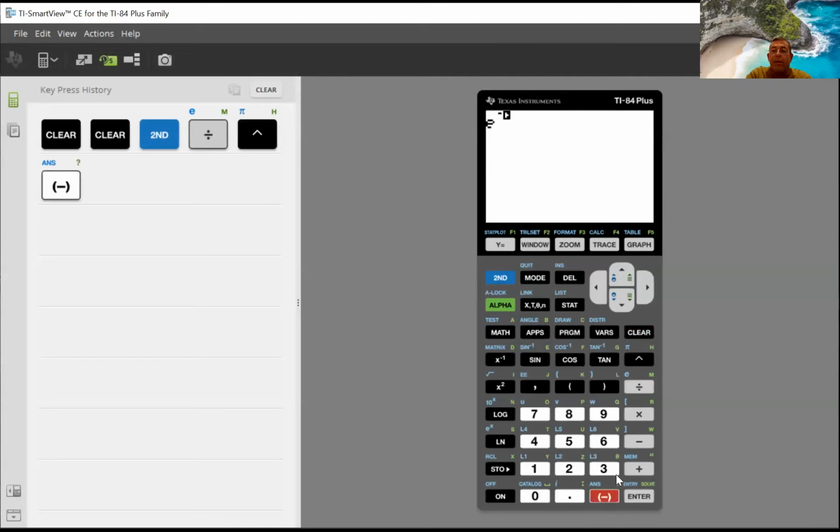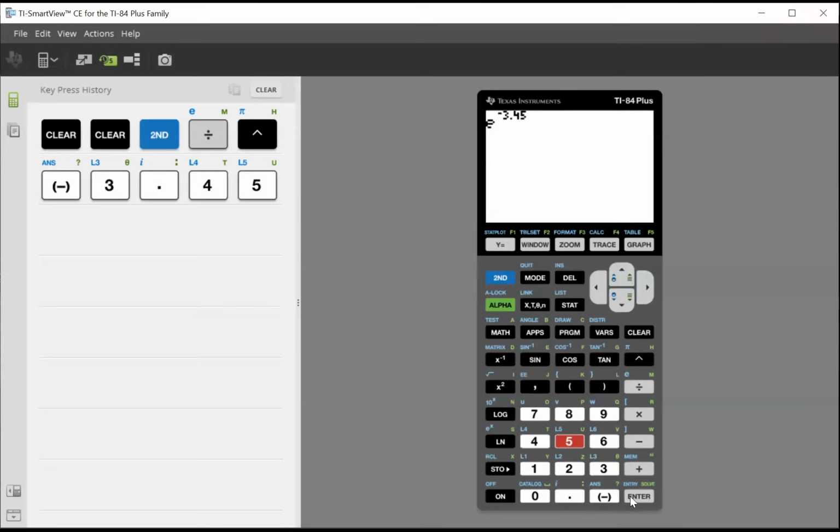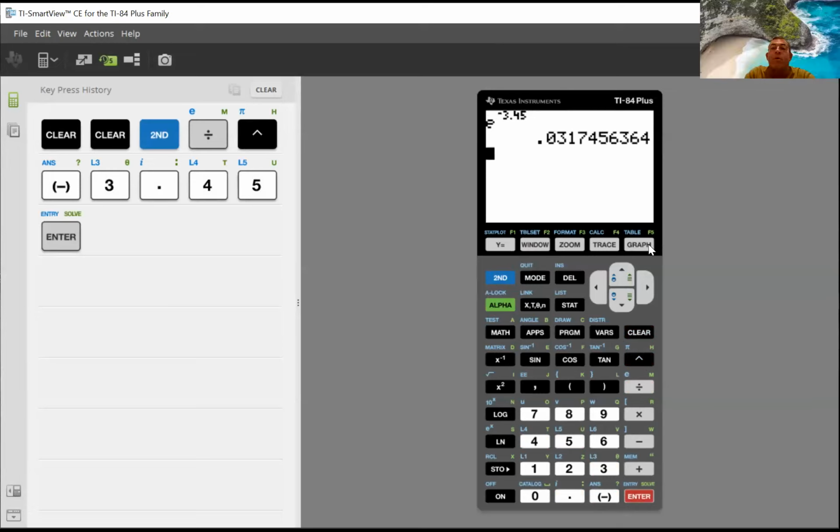And that was a negative 3.45. I got 0.0317. 0.0317, you said? Yeah. Because after the 7 was a 4, so you got to leave it a 7. Good job.